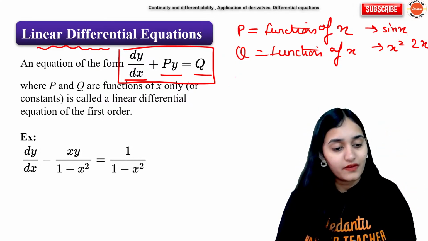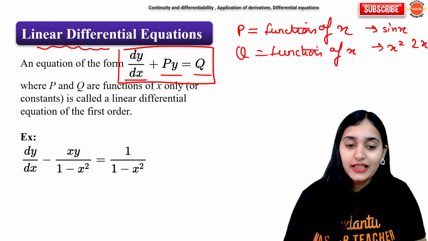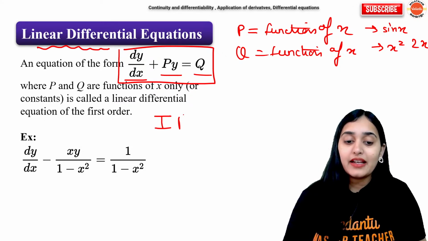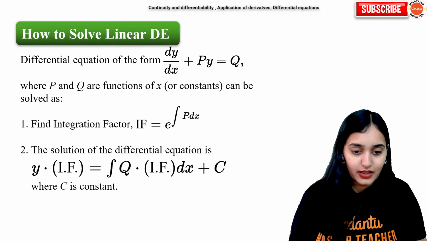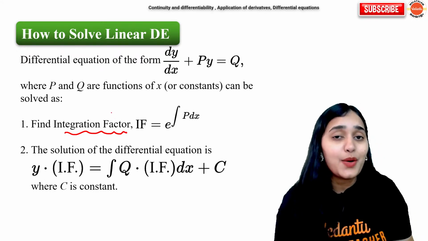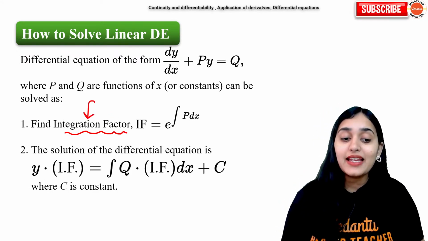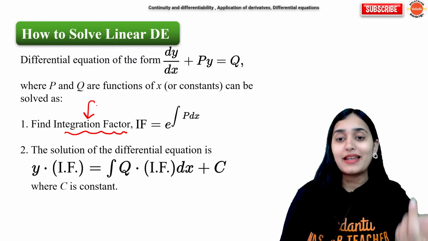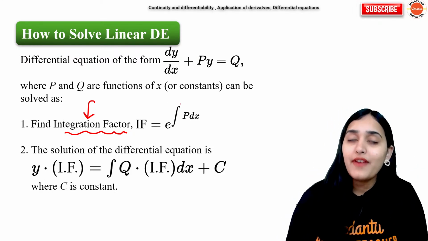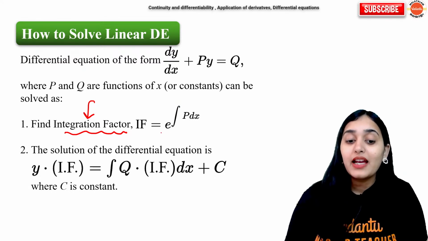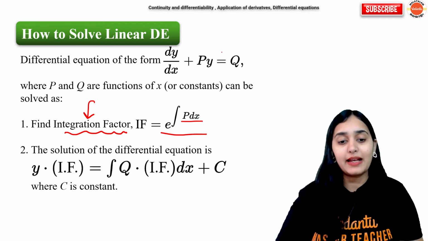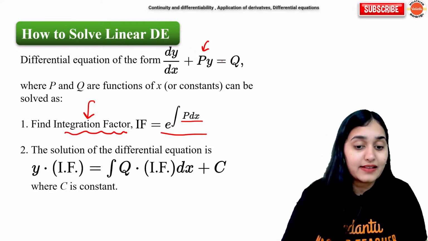How do we solve it? For solving this, we take P and we find the integrating factor. I guess we have taught that. In many questions, they have directly asked what is the integrating factor of the equation. So you have to find the integrating factor. The formula is e to the power integration of P with respect to dx, where P is a function of x.